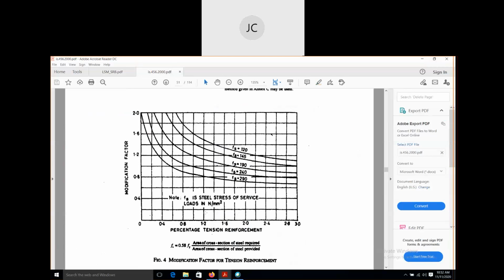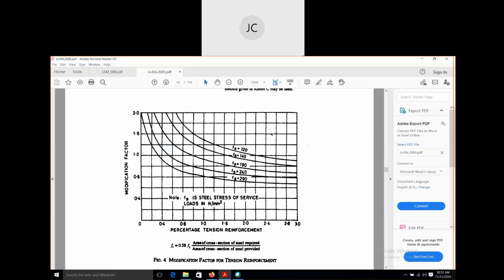Now we have to see for percentage, because our percentage of steel is 0.8%. So in this line you have to see what the values are. For 190, you can see this value corresponding to this value.